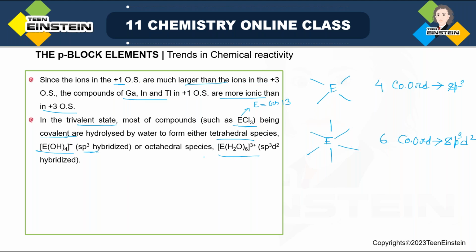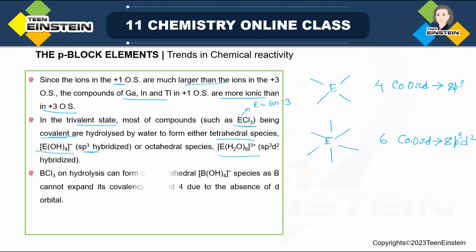The type is E(OH)4 minus, and here the hybridization will obviously be sp3 because of 4 coordination, and when it is an octahedral species, then because of 6 coordination, the hybridization state will change. It will be sp3d2.